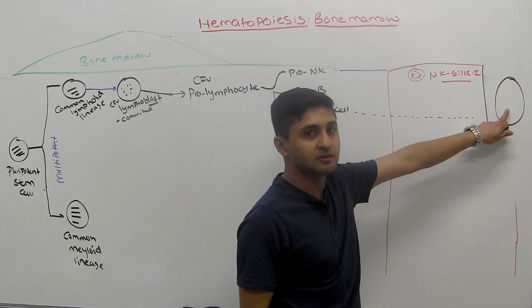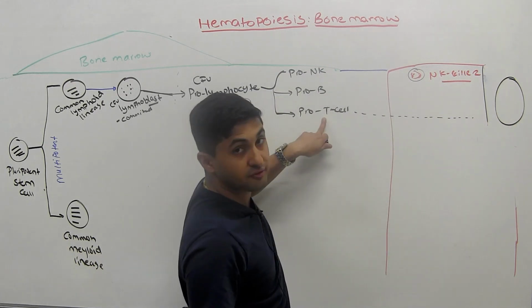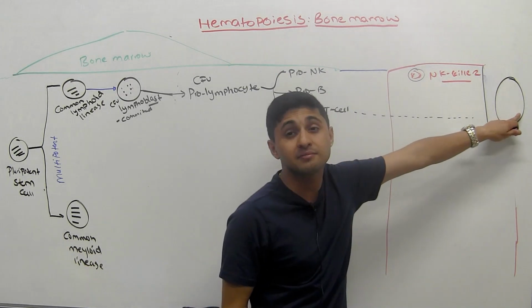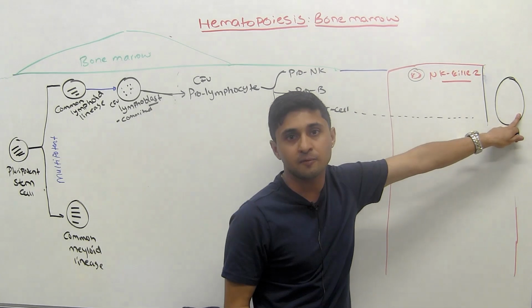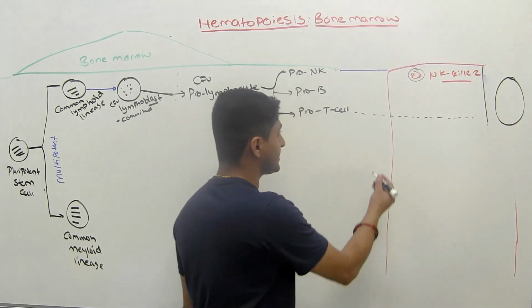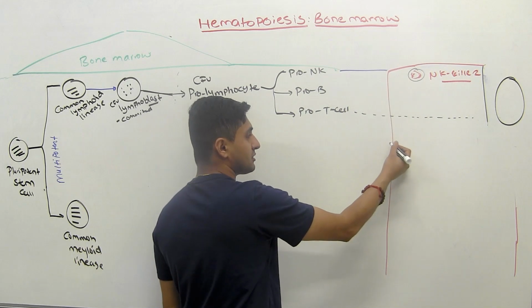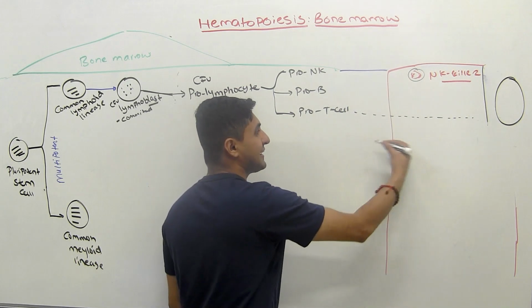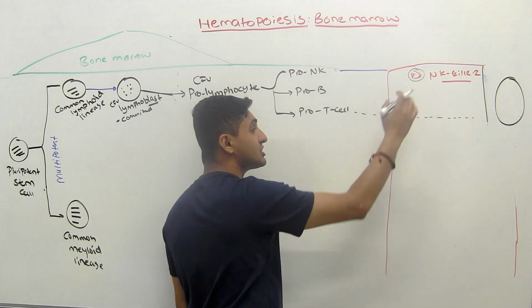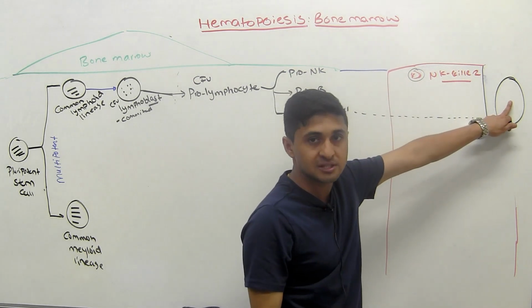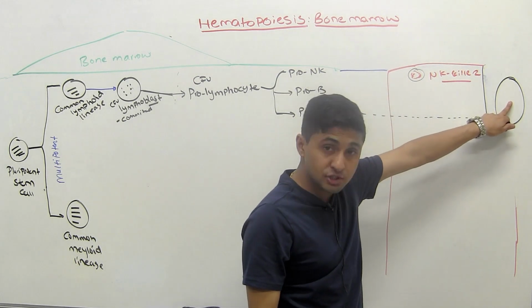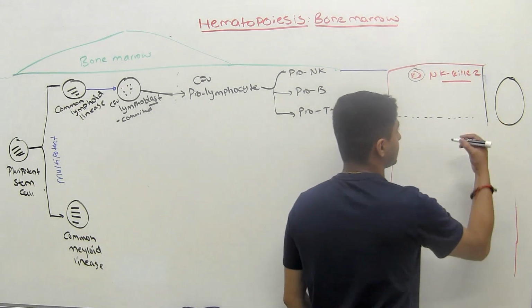That's where the word T comes from, because it's referring to the thymus. That's where they get matured, okay? After leaving the bone marrow, from the vascular sinus wall, they go to the peripheral circulation, and then to the thymus. That's where they get matured, and then they come out as mature cells.